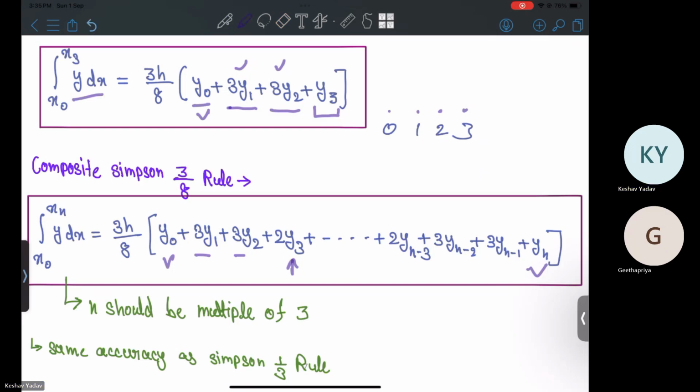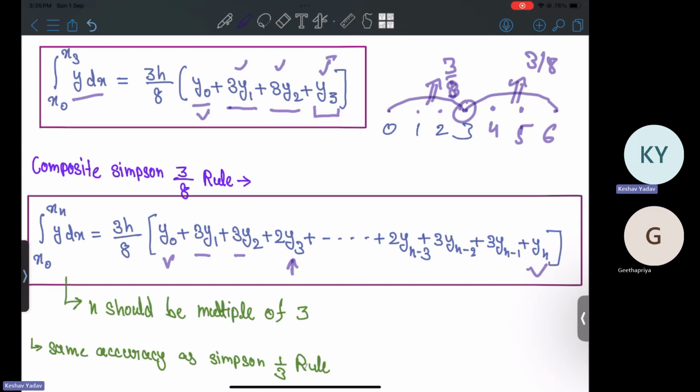Similarly here 3, 4, 5, 6. So these 4 points will combinedly find a local 3/8, then these 4 points will locally find 3/8. So this point has come 2 times. That's why this will be multiplied by 2.